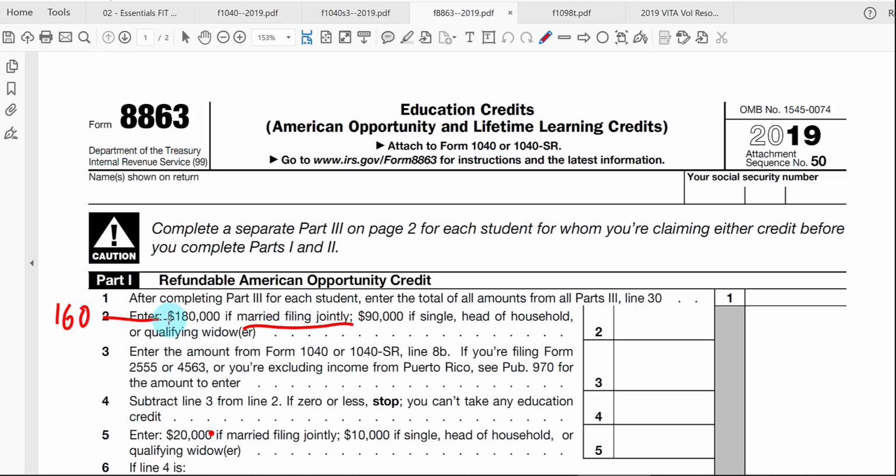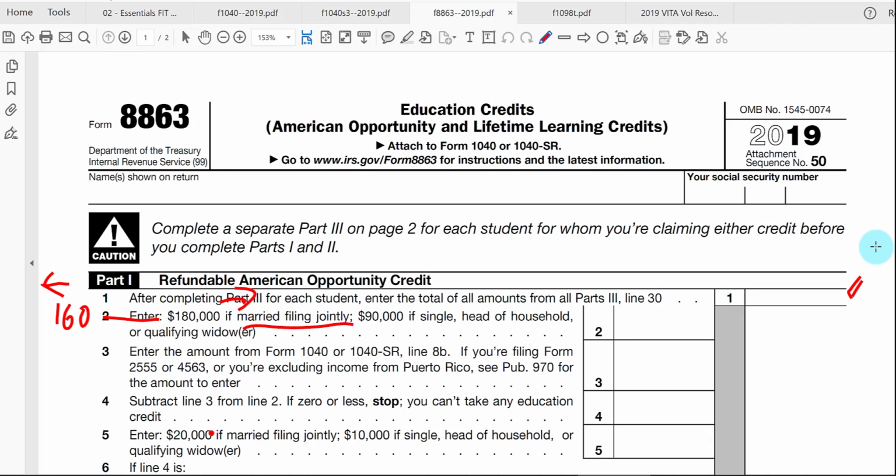If your income, that's adjusted gross income back on the 1040 form, is less than 160,000, then you get to use all of this credit here in line 1. If your AGI for married filing joint is over 180,000, that means you get to use none of this American Opportunities credit that you've calculated out on the back side of this form.